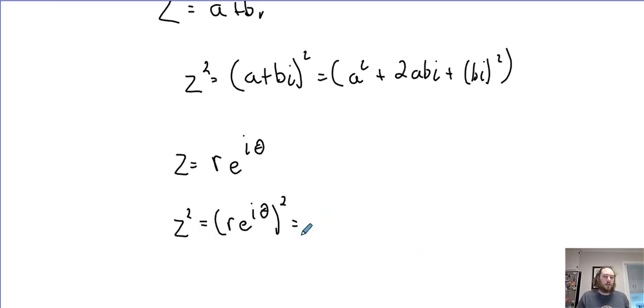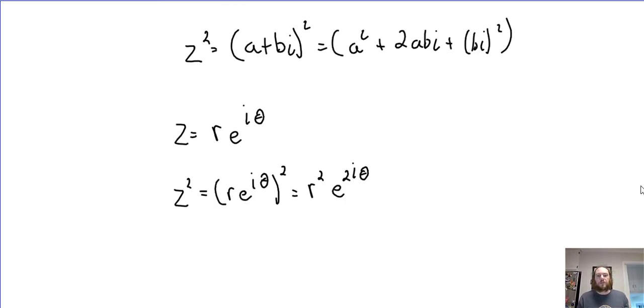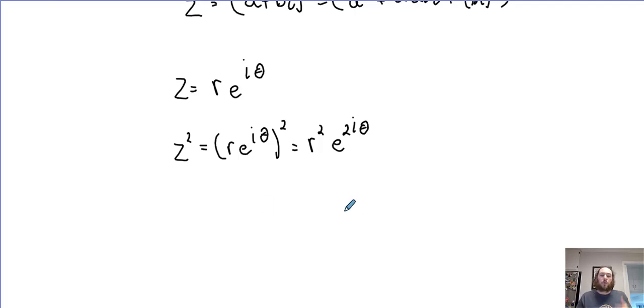Because what we can do here is write this as r squared e to the 2i theta. And then I could even take this one step further and think about it in terms of my polar coordinates, right?